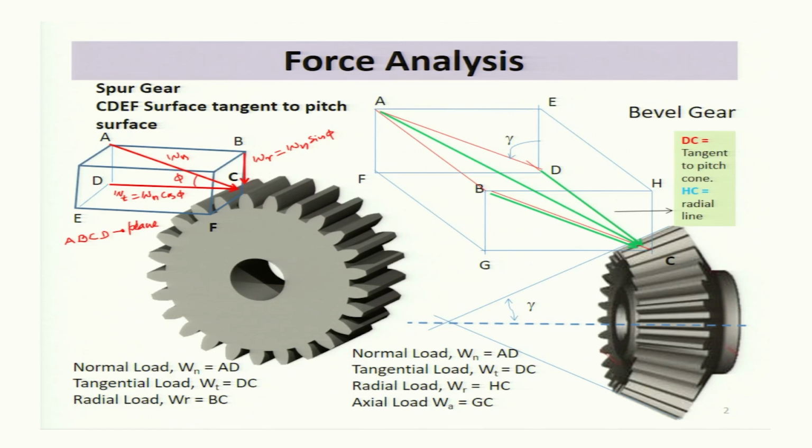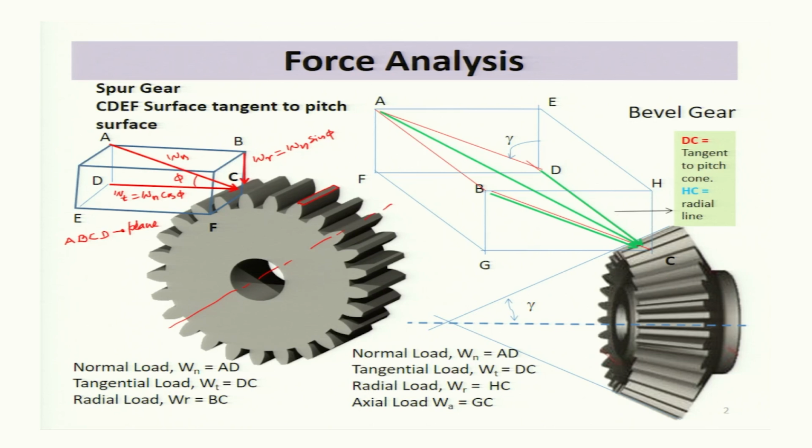In the case of spur gear, the normal load is acting in the plane ABCD, along A to C. Now this top land, which is parallel to the axis, is rotating by an angle gamma for the case of bevel gear.